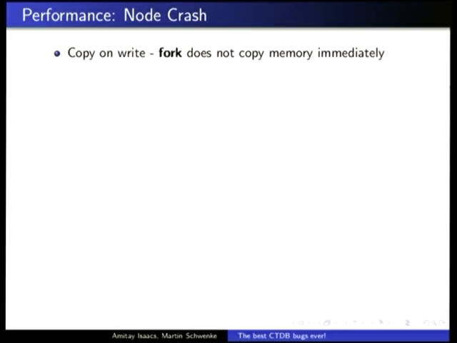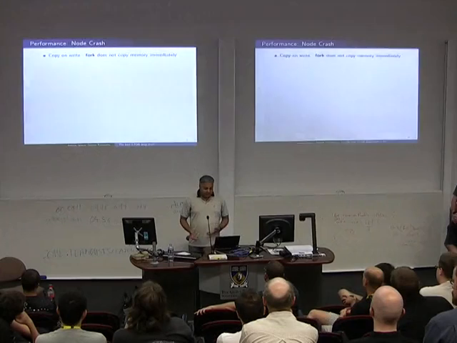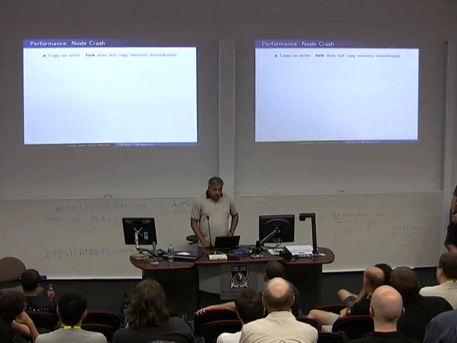So, a bit of thinking about why we would be running out of memory. Obviously fork is not going to copy the process immediately. It's copy on write.